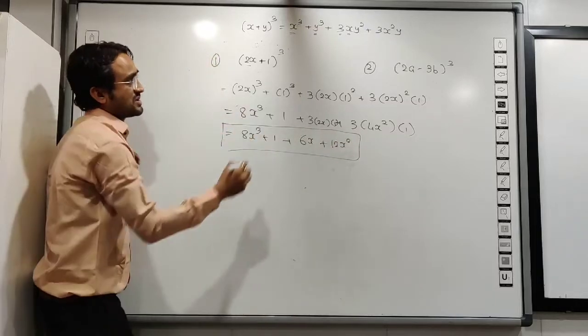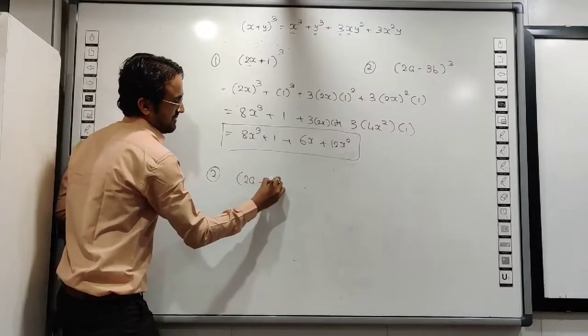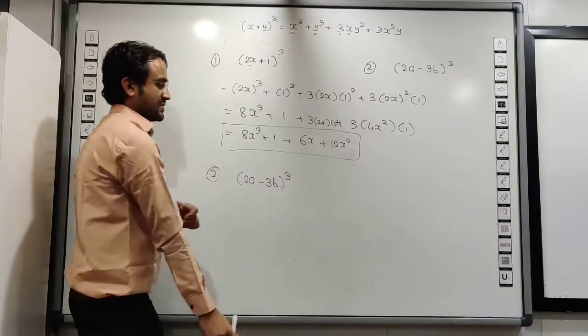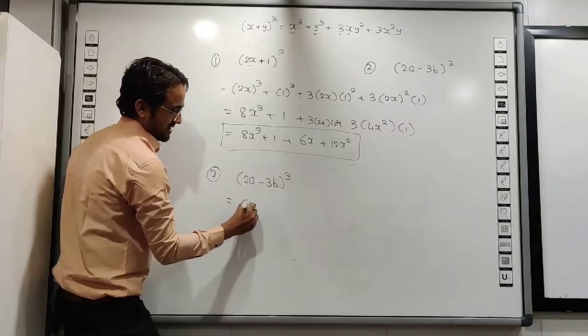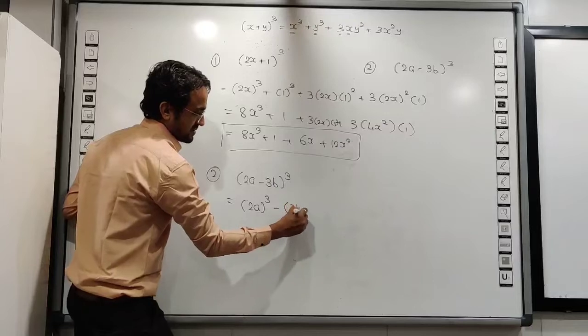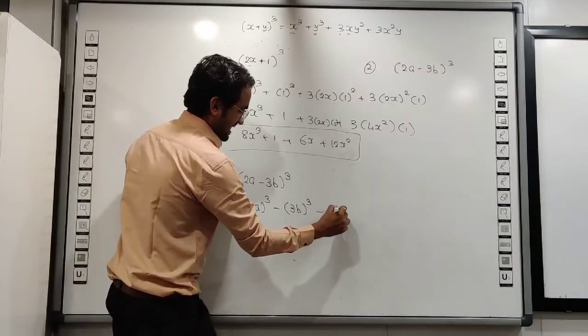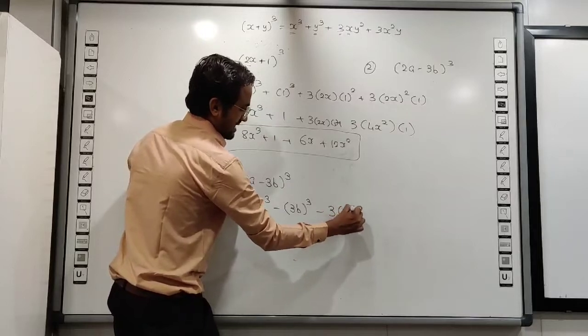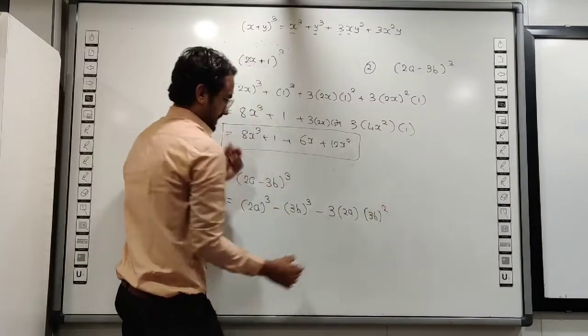Now second question, (2a minus 3b) whole cube. So this one is your x, this one is your y. So what is your identity? (x minus y) whole cube is x cube minus y cube minus 3x, y square. X means 2a, y square means (3b) square.